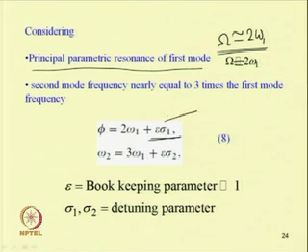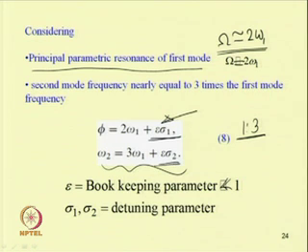Sigma 1 is the detuning parameter. And as we are discussing this 1:3 internal resonance case, we can take omega 2 nearly equal to 3 times omega 1, and this is the detuning parameter which will take care of the nearness of omega 2, that is the second mode, to 3 times omega 1.